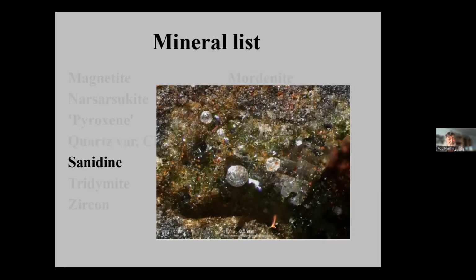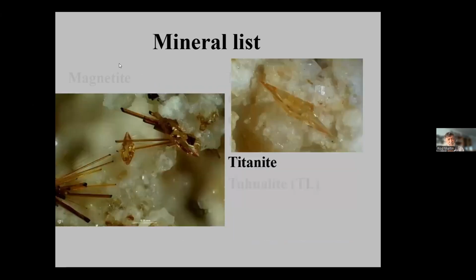Sanidine, these little balls here are actually sanidine crystals. And again, I'm pretty sure this one was from the mafic dike as well. Titanites are quite common. Most of the ones I found are actually here impaled on these needles, and these needles are a bit of an enigma to me.